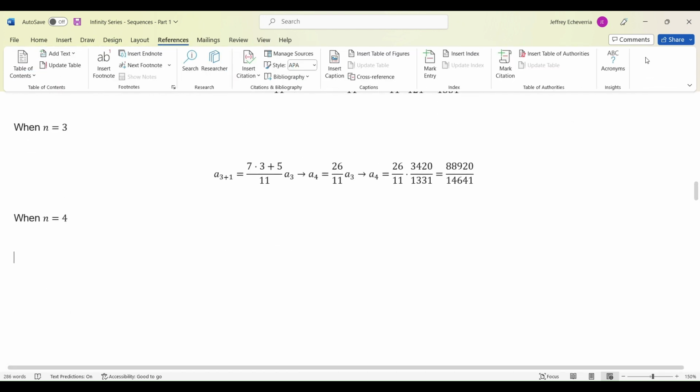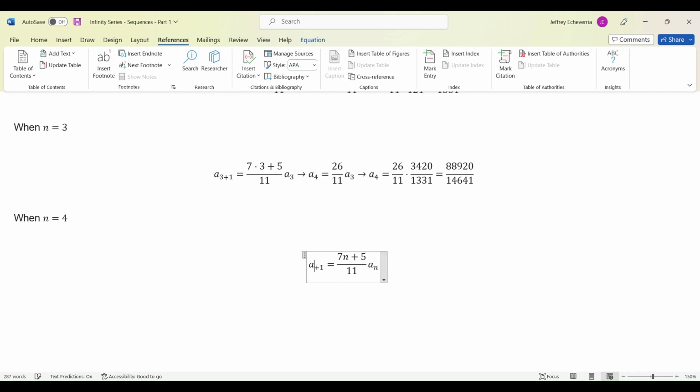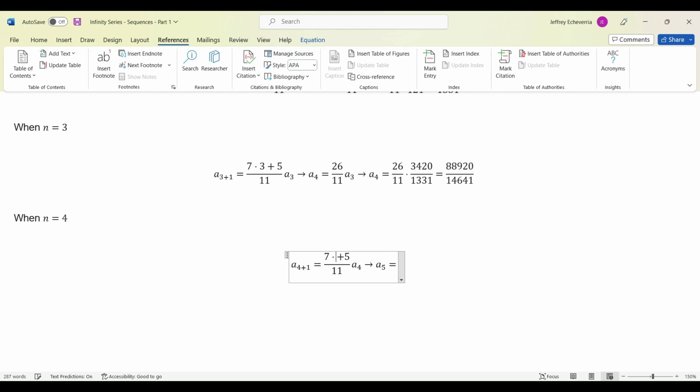we do just like we did before. Put a 4 there. And finally it'll be a sub 5 equals, whoops, I forgot to put the 4 there, which now gives us 7 times 4 is 28, plus 5 it's 33.